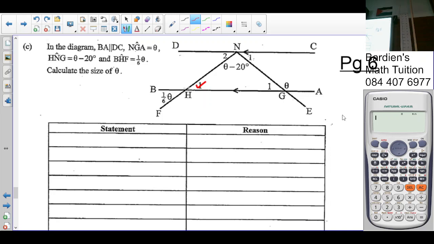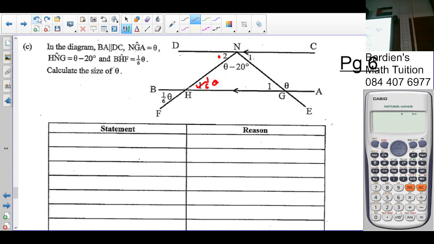Just think about it. So that 1/6 theta. The angles on the straight line add up to 180. So that could be 1/6 theta as well. But now you're short of this one. You understand? So we can't do that. So we're still short of 2.